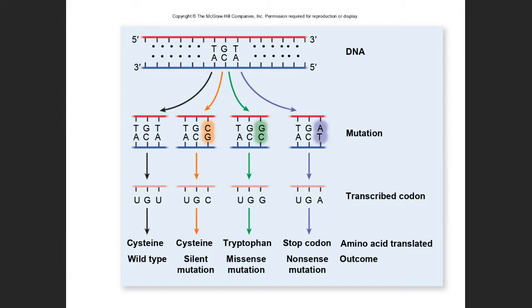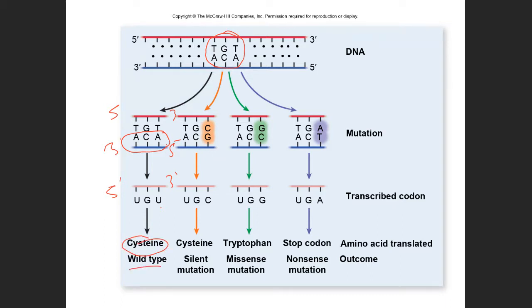So this is the wild type. This is the normal, if you will, nucleotide sequence in this particular protein. This is what it should give us. So this is 5 to 3, this is 3 to 5. So this is the coding strand, the one that's going to be used to transcribe. So ACA will give us UGU as the codon. UGU codes for a cysteine.